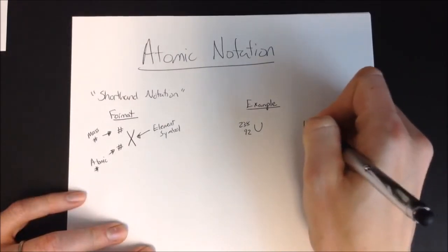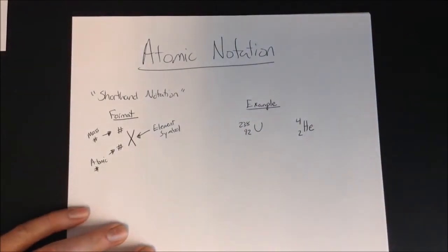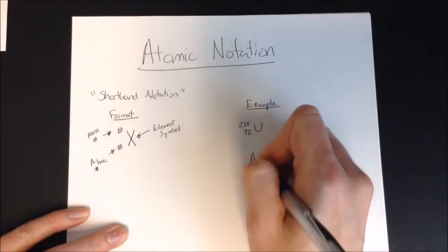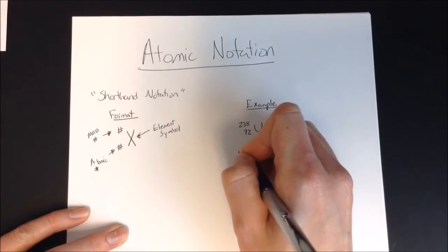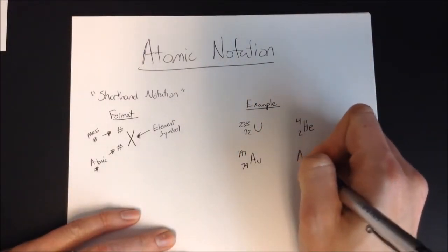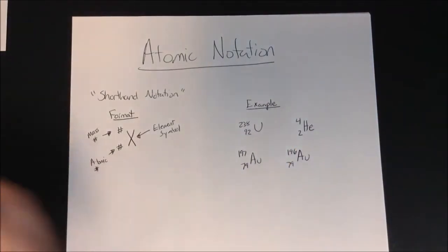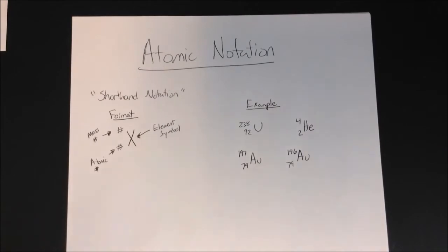We could also write helium. Helium has an atomic number of 2, and let's say it has a mass number of 4. Gold is atomic number 79, and maybe we're looking at the particular isotope 197. Maybe we want to look at a different isotope of gold, so we look at 196. So we can tell which isotope that we're looking at.